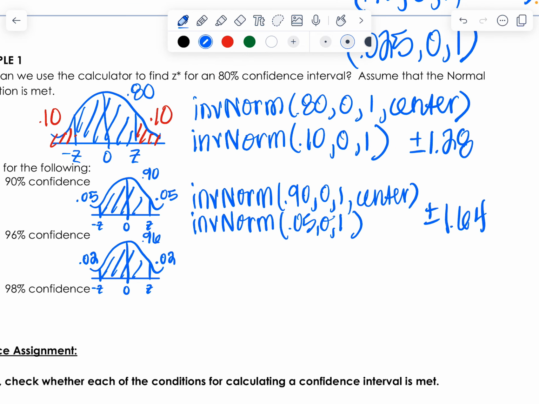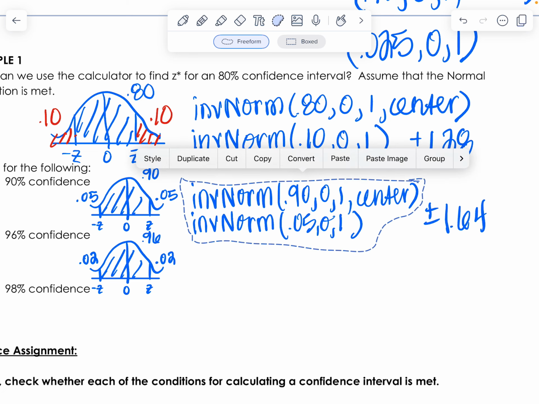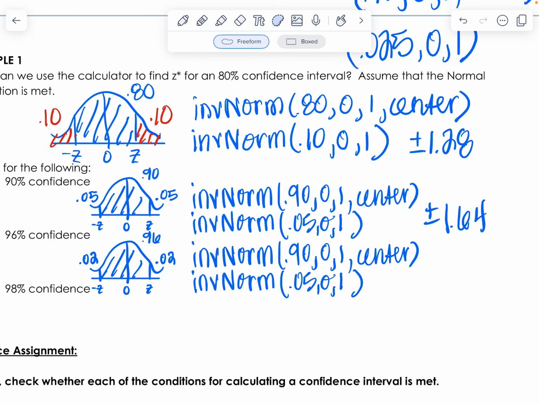Okay, so again, we're going to cut and paste what we've been writing because it's all the same. So we would do 96 or 0.02. And we would get plus or minus 2.05.